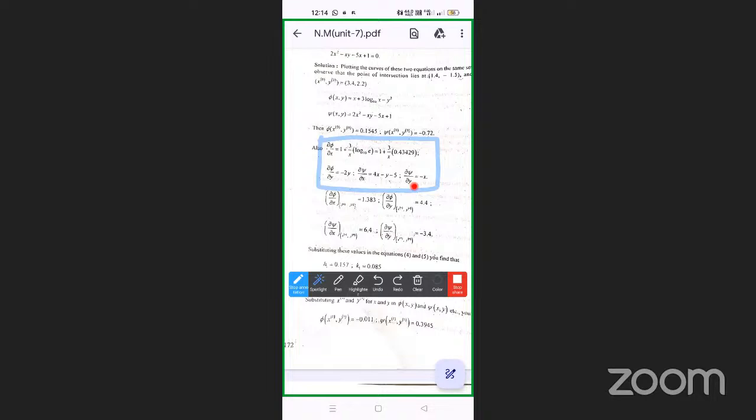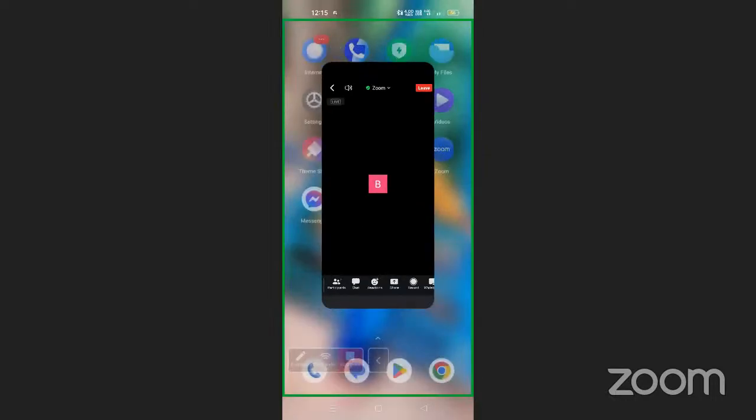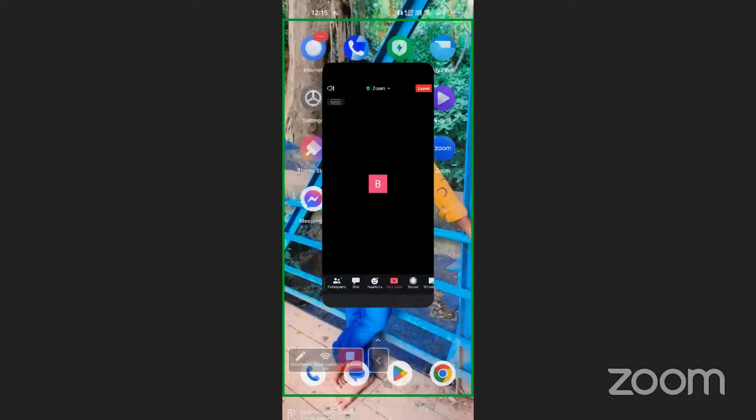These are the first iterative values, the first order derivatives at x1 comma y1.